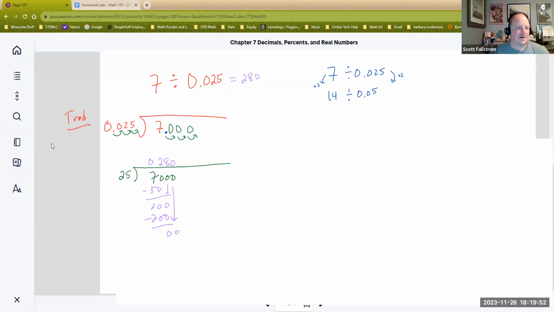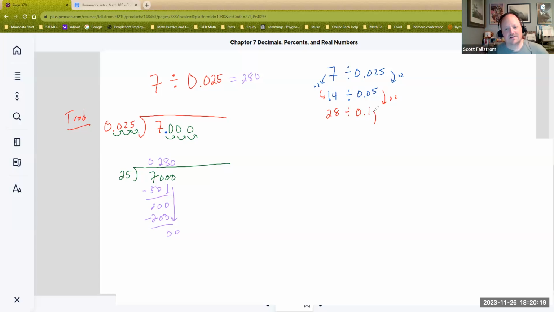Okay. Let's keep going with it, shall we? Well, 5 is nice, but isn't it easier to divide by 1? Got it. Let's multiply by 2 again. And this becomes 0.1. But I have to multiply by 2 over here again. So that becomes 28. Now I have 28 divided by 0.1, or divided by 1/10. Now again, I could go through and do the division manually, where I set things up, move the decimal place over, and go.